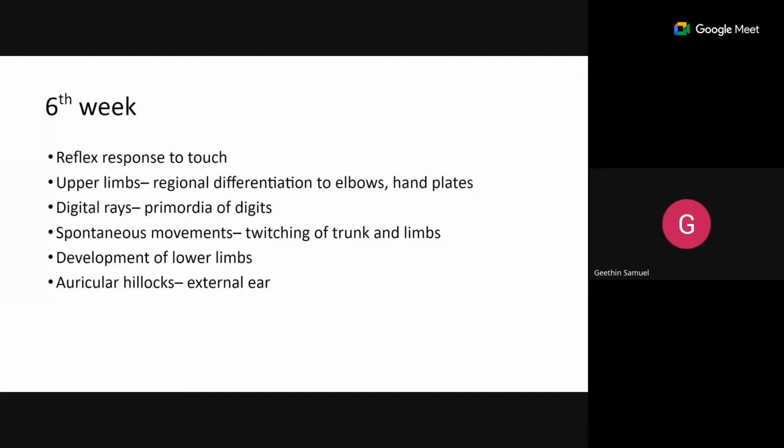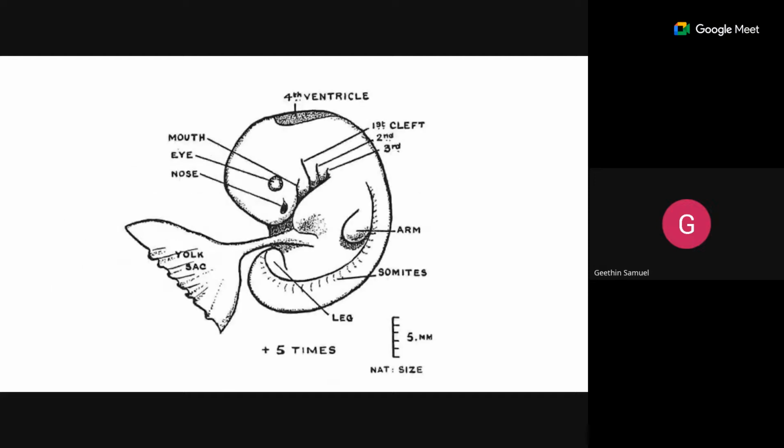Then you have the auricular hillocks, which develop in the region of the head. It is by the fusion of these hillocks that the external ear develops. Some evidence of these hillocks is seen in some of us as small tubercles in the area of the pinna or the external ear.